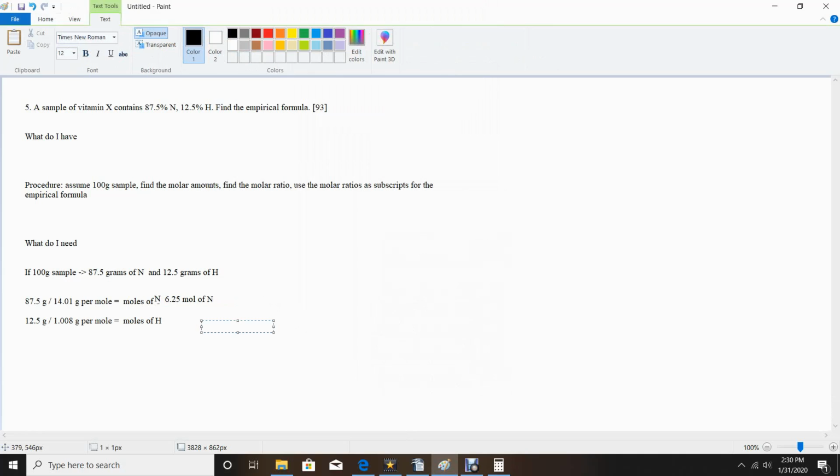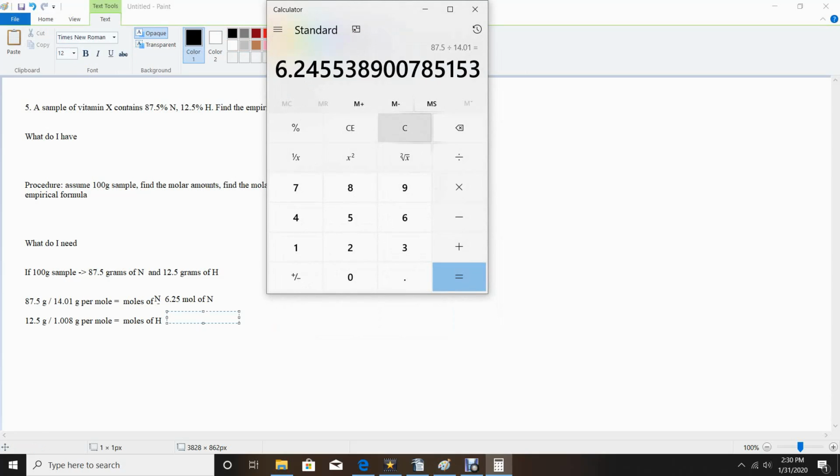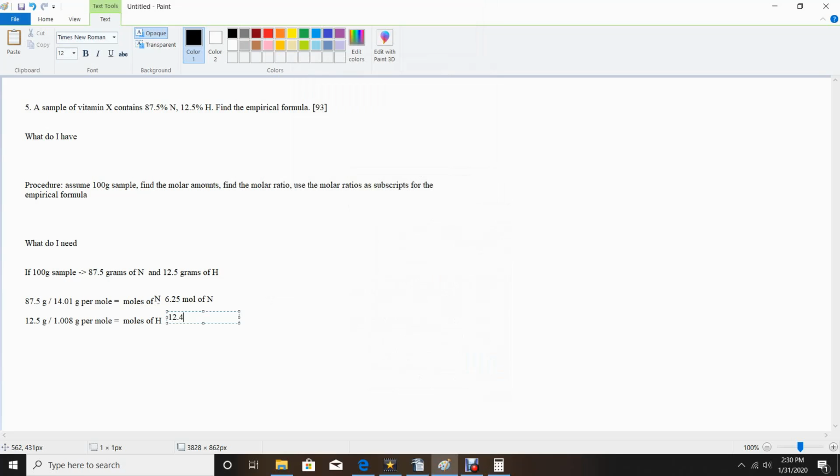And if you look on your periodic table, you find that the grams per mole for hydrogen is 1.008. So 12.5 grams of hydrogen. I'm going to call that 12.4. 12.4 moles of hydrogen.